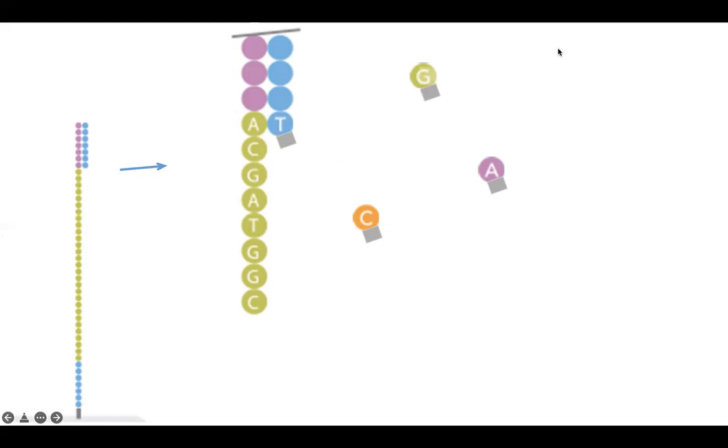So next, actually first the dNTPs that are not bound are washed away, and then the samples are exposed to a laser, and each of the nucleotides has a label of a different color that will be shining up and giving a signal.